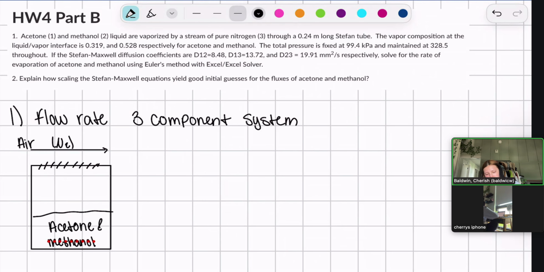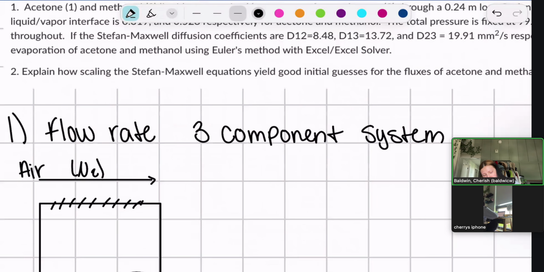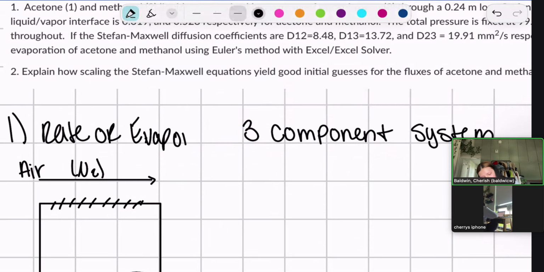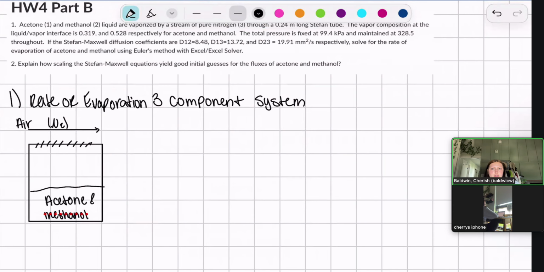But it's not flow rate, it's rate of evaporation. There is evaporation of methanol to air and acetone through air.